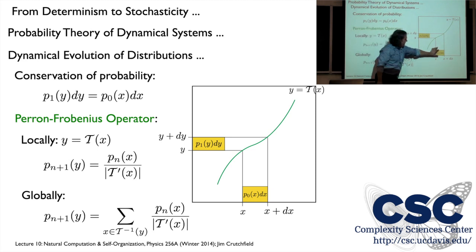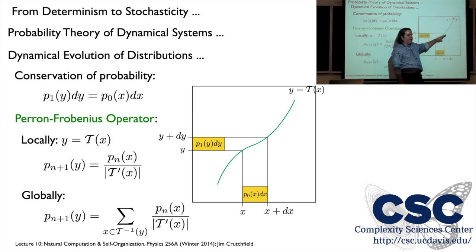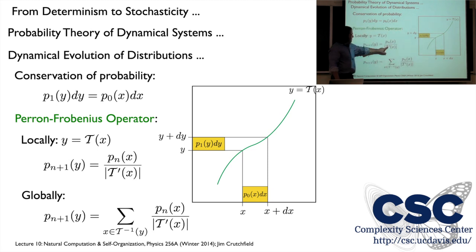It's the previous height divided by the absolute value of the slope. Okay, first, why absolute value? I don't really care whether it's a positive slope or a negative slope. What I'm interested in is how much that little dx got stretched out if the slope was greater than 1, or shrunk if the slope was less than 1. So we do that by putting the slope in the denominator.